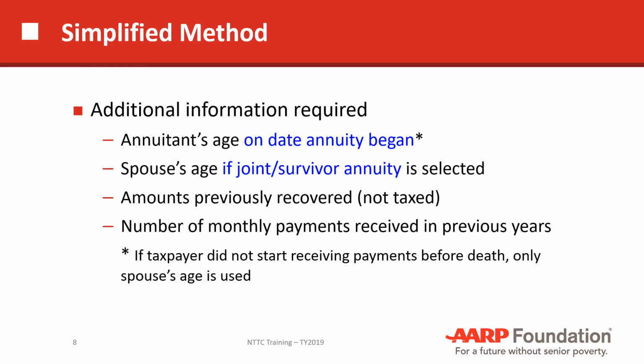Now note at the bottom of this slide that with regard to the annuitant's age, if the taxpayer died and did not receive any retirement distribution payments before their death, then we use only the spouse's age and not the combination of the two of them.